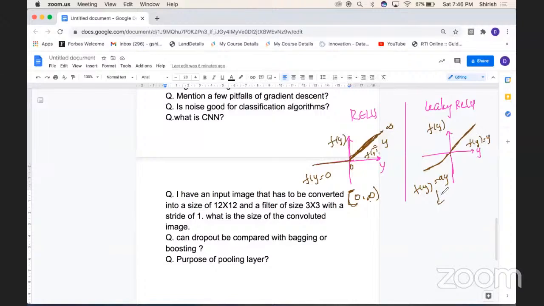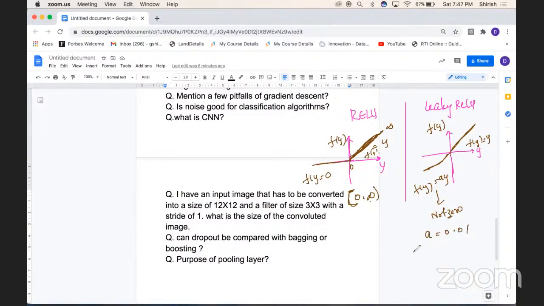Here f of y is ay and it is not 0, in case of leaky ReLU. The leak helps to increase the range of the ReLU function. Usually the value of a here is equal to 0.01.